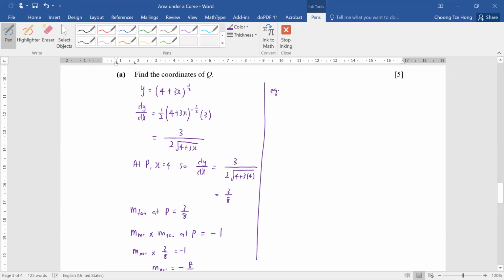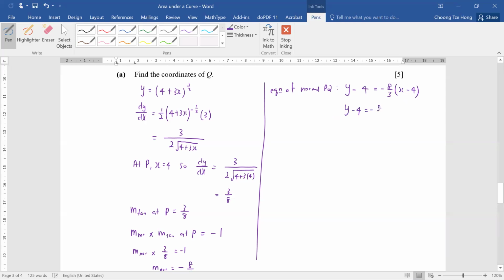So the equation of the normal PQ will be y minus y1, where y1 is the y coordinate of P, equals m times x minus x1. So y minus 4.